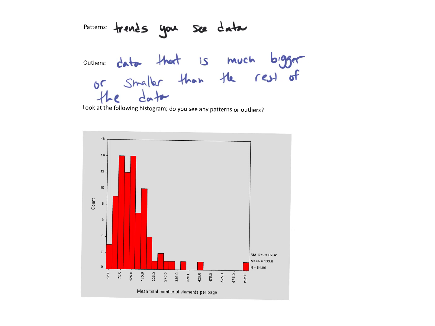Most of the data is kind of in that region. But I can definitely see that there might be some outliers like this. There was one thing that had like 625 elements per page. That's really, really, really high, right? So that's probably an outlier for sure. So what about this one? It's further away, not so far away, so it might not be an outlier. It might be an outlier, hard to say, but something we'd have to consider.